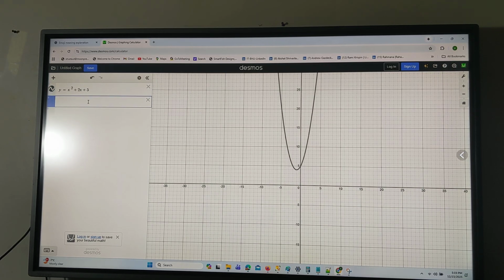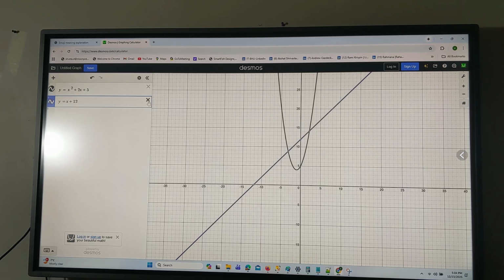If you want to find its intersection with, let's say, the line y = 3x + 5, you can see whether it's intersecting or not. Maybe x + 5, or let's make it x + 12. This is how it looks. The line intersects at these two points, so you can find the intersection points.